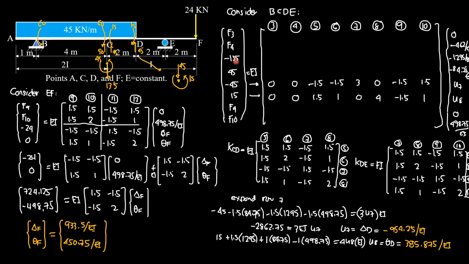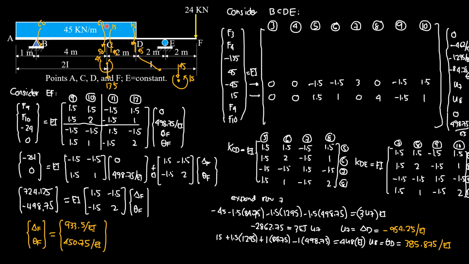Then at C, we have 90, moment is 60, then CD, because we consider CD, imagine C and D are fixed, the fixed moment would be 45 times 2 square over 12, and that would be 15 counterclockwise here, 15 clockwise on the other side, and the force upward reaction is 45 times 2 over 2, so 45 upward, 45 upward.